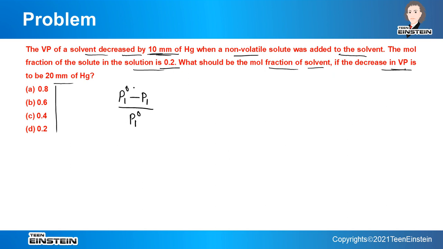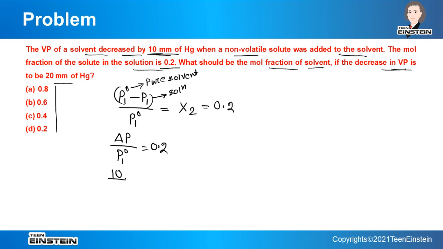P1 naught minus P1 by P1 naught, P1 naught is for pure solvent and P1 is for solution, and that is equal to x2. Now x2 is given the value 0.2, and the numerator you can write as del P. So del P is also given, which is 10. So from this equation we can find the value of P1 naught. P1 naught will be 10 by 0.2, so it is 50 millimeter Hg.